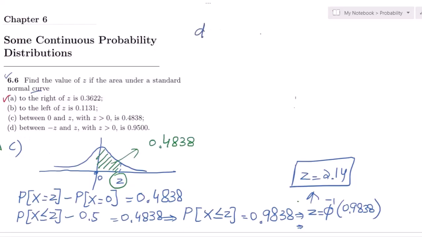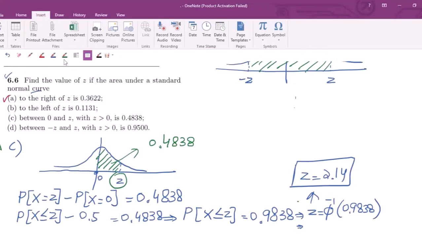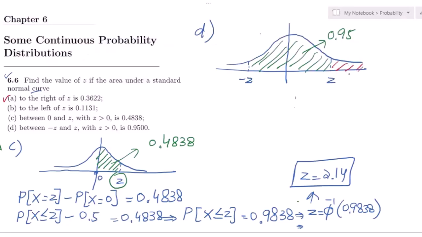Now for part D, between minus z and z with z greater than 0 is 0.95, meaning we have this distribution. We have here minus z, and here z. The area between minus z and z is 0.95 or 95%, meaning these two tails, this one and this one, combined give me the remaining 5%.